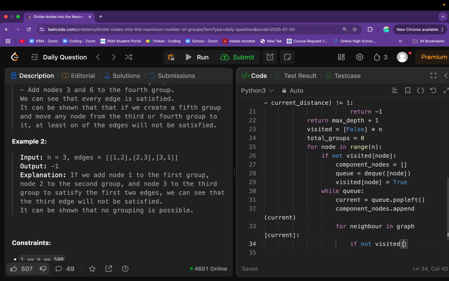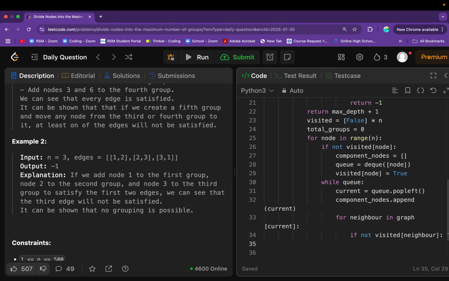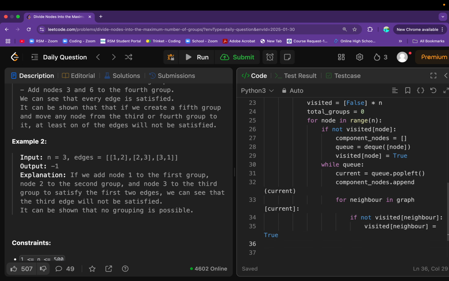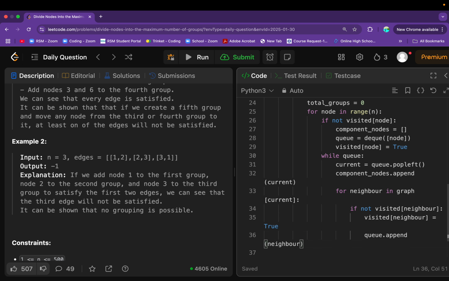If we haven't visited the current neighbor, we know we can process it and mark it as true, meaning that we process it in the current iteration. So first, we'll simply set visited at the current neighbor to be equal to true, because of course now we're visiting it. And then we'll call queue.append and append to the queue the current neighbor for future processing of its neighbors, and so on and so forth, right?